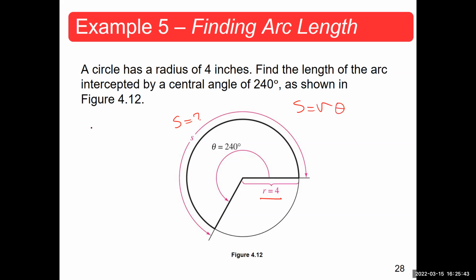So, again, the method we said, pi is 180, what's given is 240. We need to find theta in radian. So theta equal 240 pi over 180.